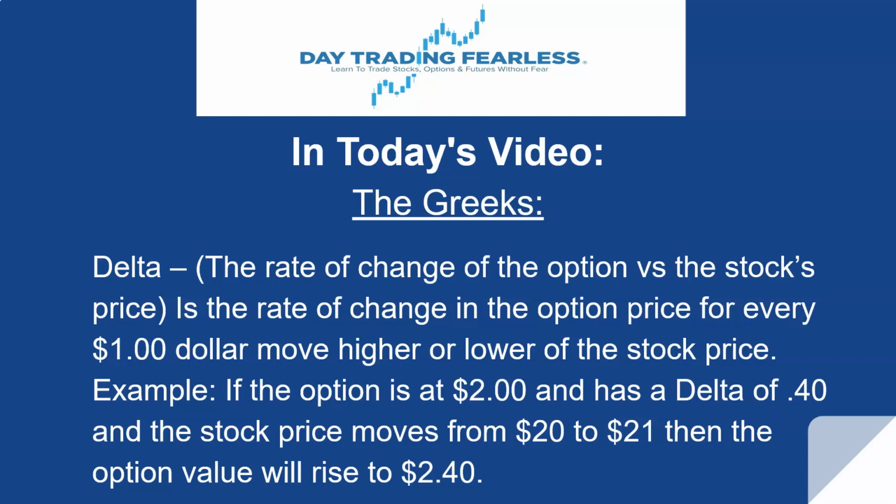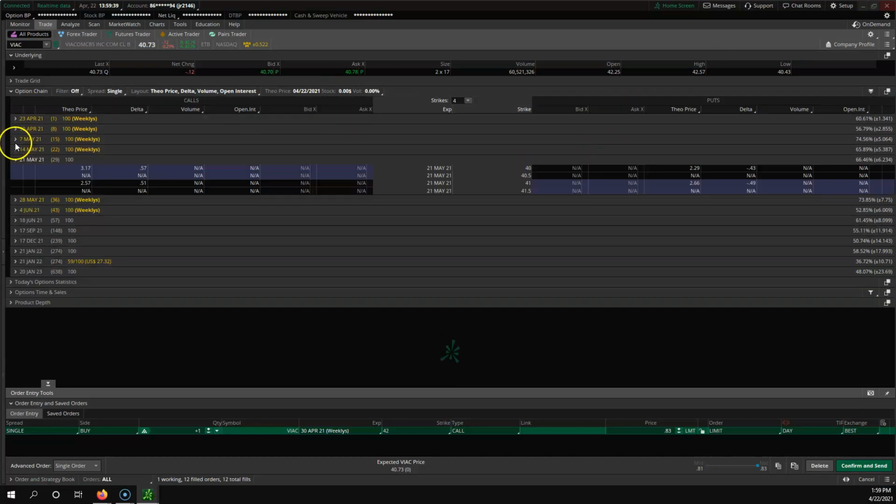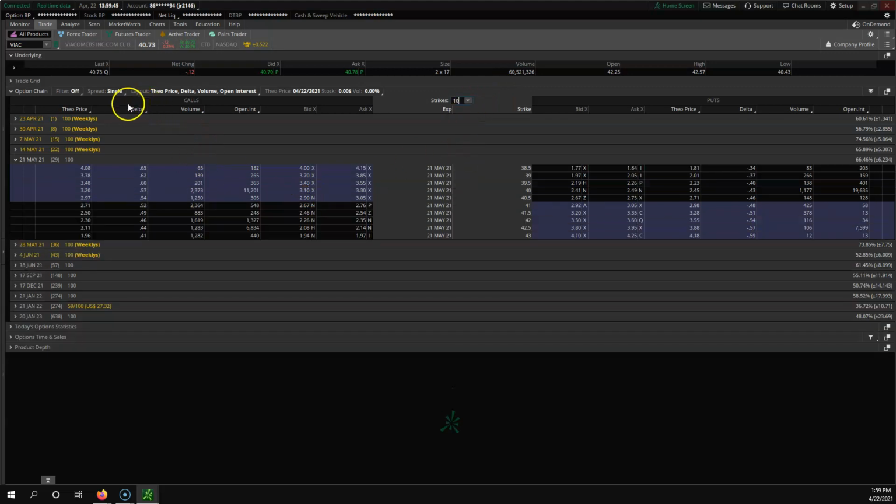And another really easy way to understand delta would be to think of the delta as a percentage, right? So the delta has a 40% chance of closing in the money. So let's take a look at Viacom over here, okay? And let's look at what the delta is, here's our delta, okay?